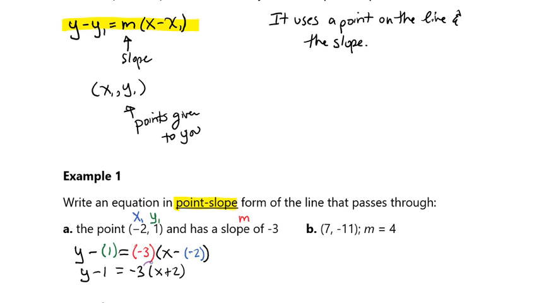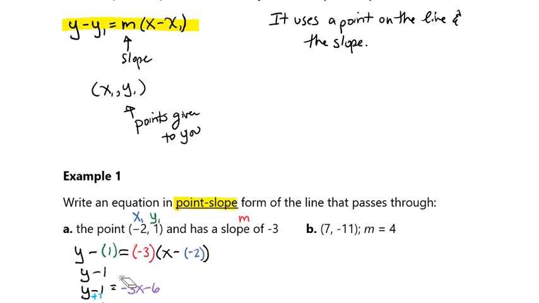From here, we'll distribute our 3, which will give us y minus 1 equals -3x minus 6. And then we just need to get the y by itself. So we'll go ahead and add 1. Nope, that's too much. We're going too far. We were able to stop at point-slope form.